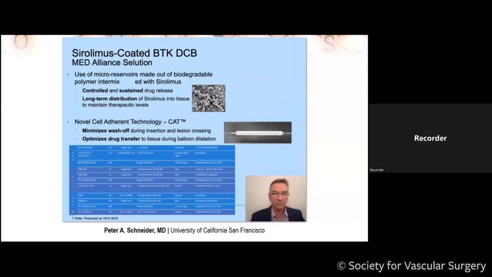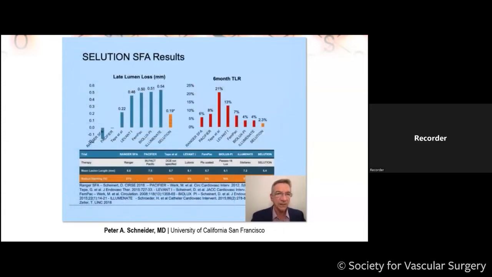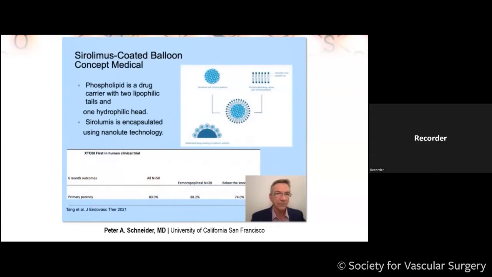The first patient was entered into its BTK trial in June of 2022, just recently. And this is the solution SFA results from outside the United States, but showing definitely an acceptable late lumen loss in comparison to other studies.